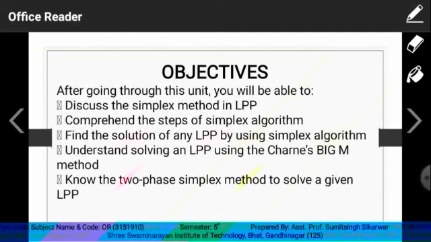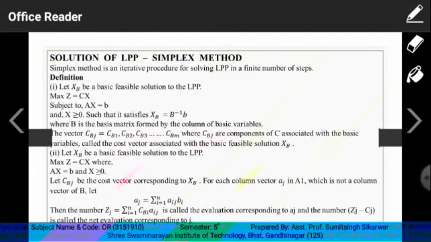Now let us move on to the solution of LPP using the simplex method.